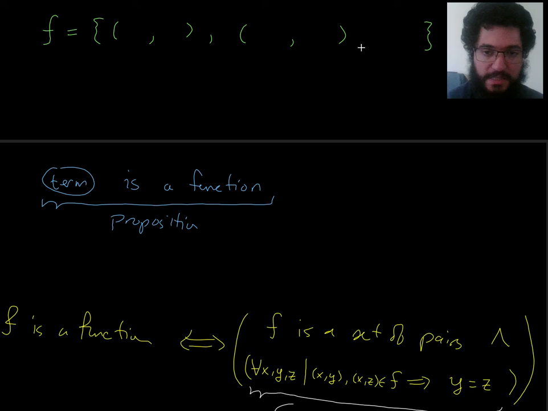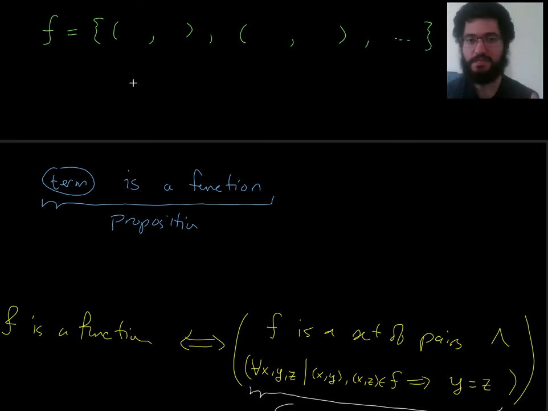So F is a set of pairs. Maybe there's some other stuff in there. The idea is that when you think of it as a function, it is an input to output mapping. It associates some inputs with some outputs. And the way in which this is formally achieved is that the first positions of pairs are thought of as inputs, and the second positions are thought of as the associated outputs.